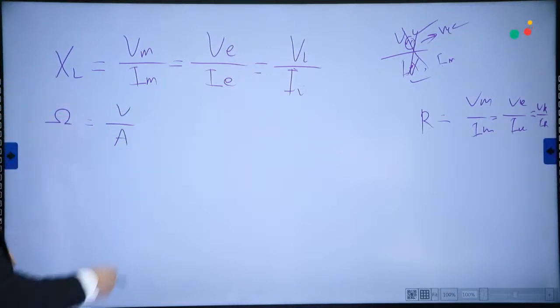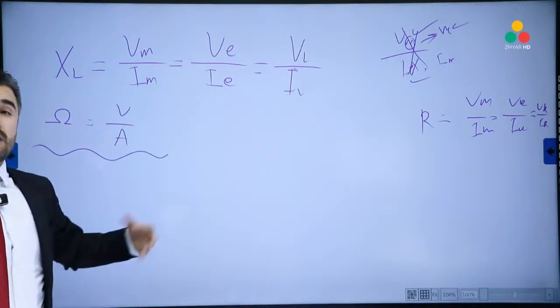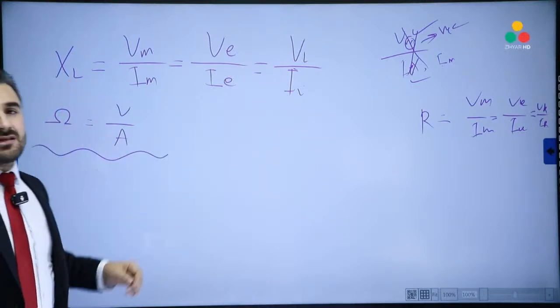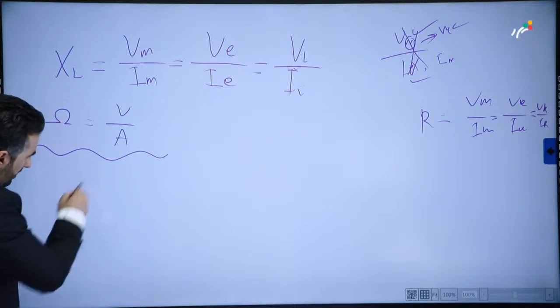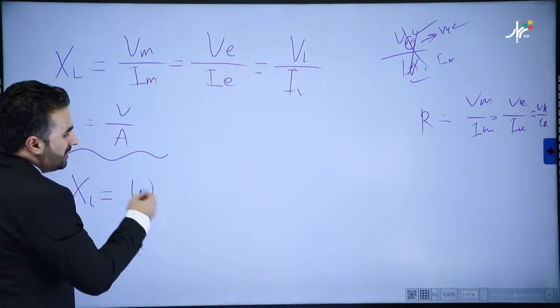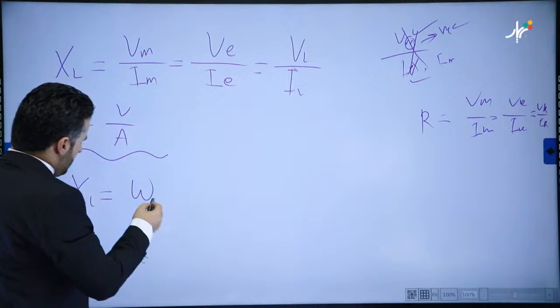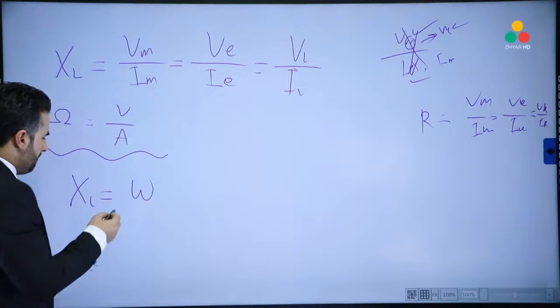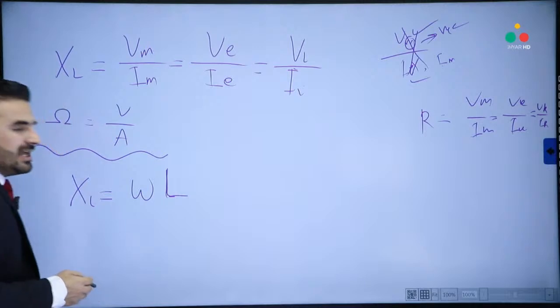But we said that the inductive impedance depends on the frequency, which means there is another way to find the inductive impedance. So how do we do that? Well, say inductive impedance also equals omega times the value of the inductor.